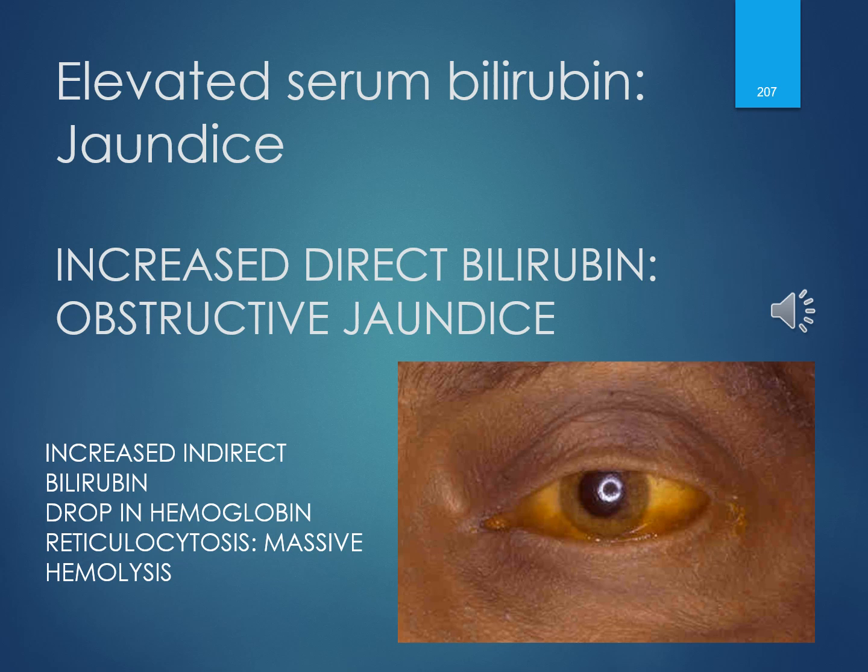Elevated serum bilirubin is going to lead to jaundice. Increased direct bilirubin is obstructive jaundice. Increased indirect bilirubin and drop in hemoglobin reticulocytosis means massive hemolysis.